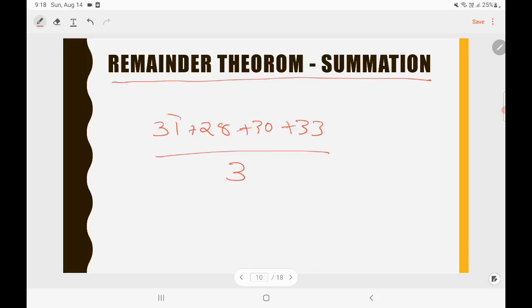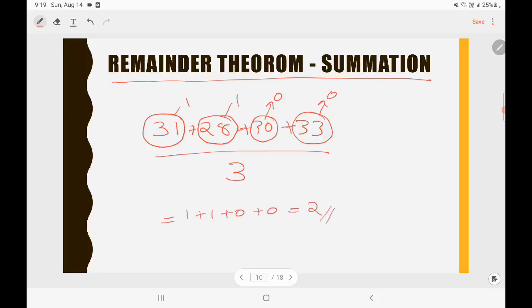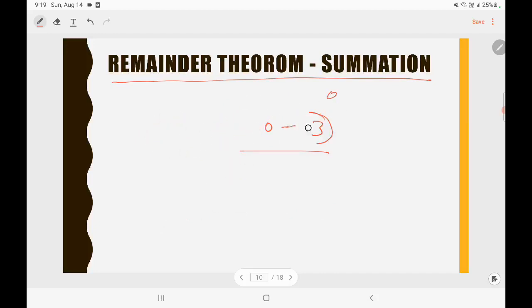That is, when 31 is divided by 3, you will get a remainder of 1. When 28 is divided by 3, you will get the remainder as 1, right? Because 27 is divisible by 3. Now 30 is exactly divisible by 3, so remainder is 0, and 33 is also exactly divisible by 3, so remainder is 0. So the remainder is 1 plus 1 plus 0 plus 0, which is equal to 2.